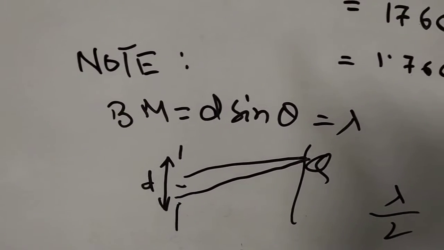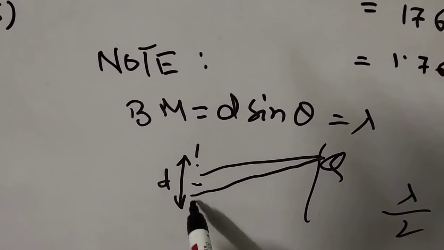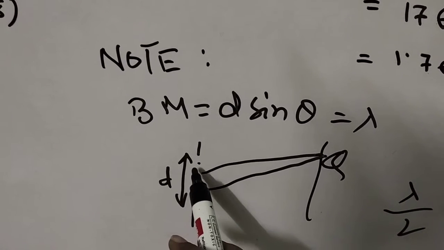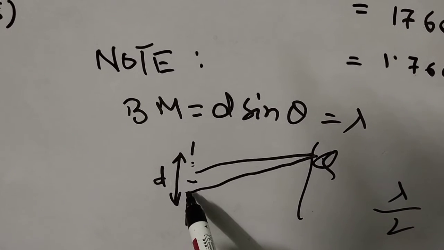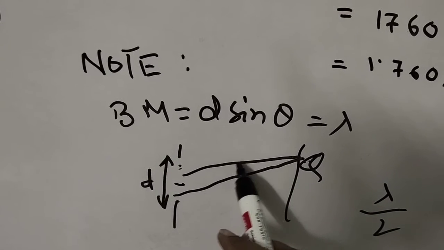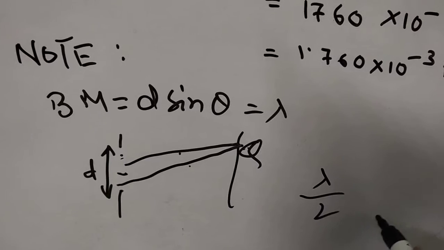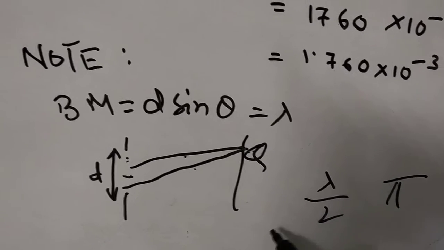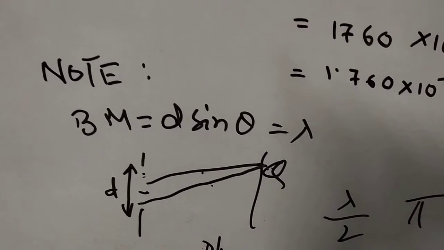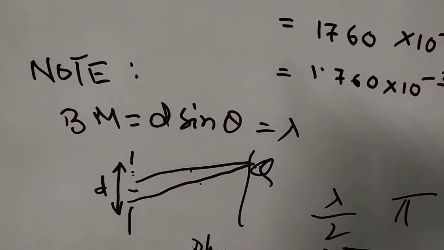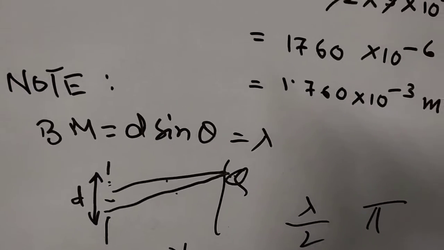Now if a ray moves from the upper half and strikes at Q dash, and a ray moves from the lower half and strikes at Q dash, then the path difference comes out to be lambda by 2. Now when the path difference is lambda by 2, then the phase difference is pi. As per the definition, phase difference is 2 pi by lambda into path difference, is it not? So path difference lambda by 2 gives phase difference pi.